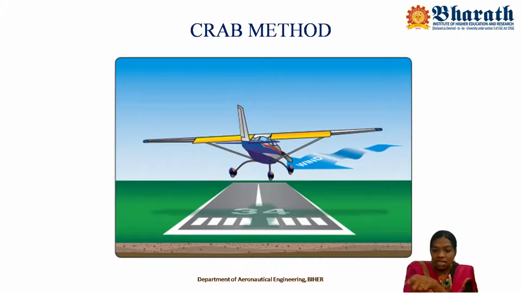Something like this, the runway is somewhere here, and it is moving in this direction. The pilot should ensure that at the moment of touchdown, he stops the drifting. Drifting is moving away with the wind. So he should stop the drift so that the wheels are aligned with the runway. The pilot may use the crab method.